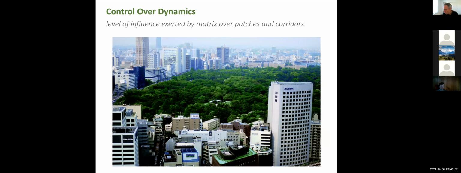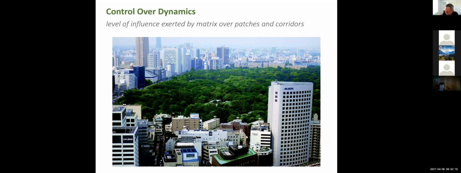And then finally, control over dynamics refers to the degree to which the matrix is influencing fluctuations of energy and materials across the landscape as a whole. And that in turn is dictated by the proportion of matrix to patch, as well as the degree of contrast between the matrix and the habitat patches, right?